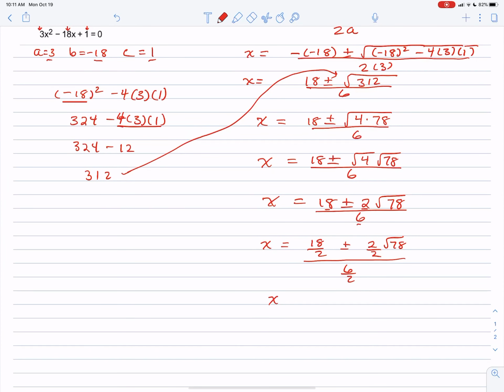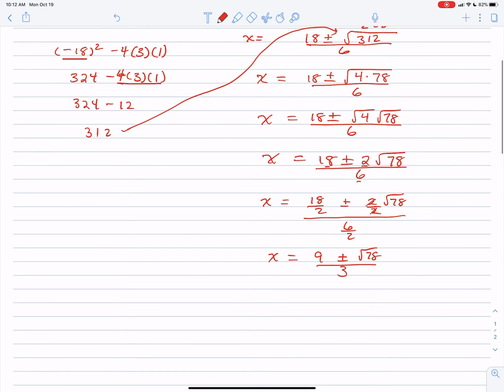So I get x equals 9 plus or minus 2 over 2 is 1, square root of 78 over 3. And we're going to write our answer as, MyMathLab gives you the x equals, so you just need to type in 9 minus radical 78 over 3, comma, 9 plus square root of 78 over 3.